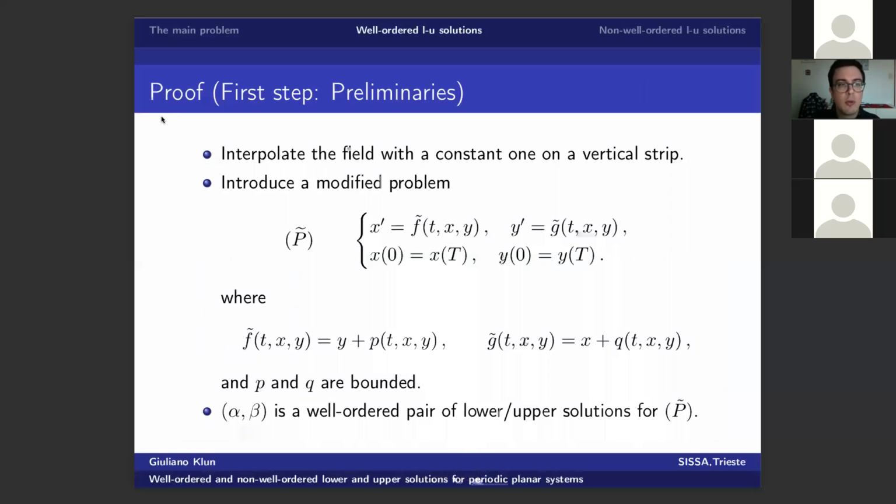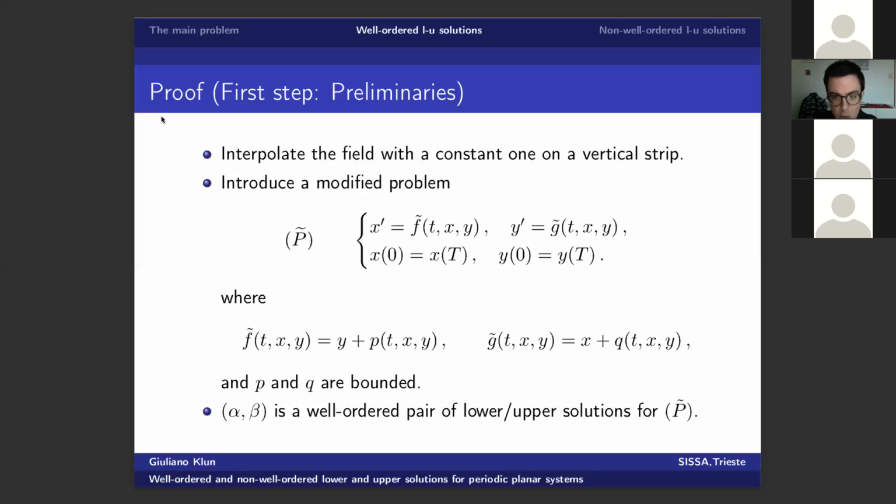We have to interpolate the field with a constant one on a vertical strip, that is the strip we have seen before. And we have to introduce a new problem that we call P tilde, of the same type, but with different functions f and g that we call f tilde and g tilde, that are of the following type. f tilde is y plus a function p, and g tilde is x plus a function q, and p and q are globally bounded.